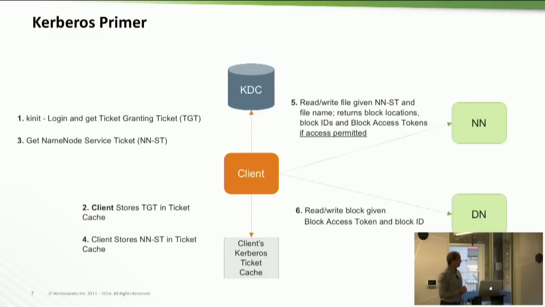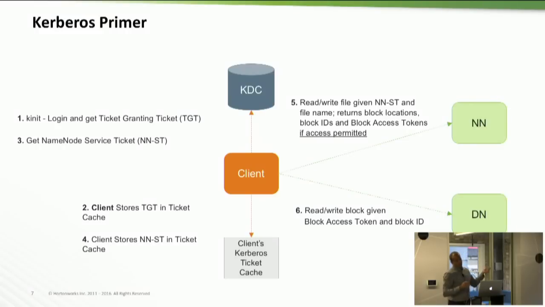Step one is the client, which can be a human or an automated process, doing a kinit and providing its own credential. Typically, the credential can be a username and password or other things if you have configured. The client takes that credential, goes to the KDC, and validates it. If the credential is valid, the KDC will issue a ticket.